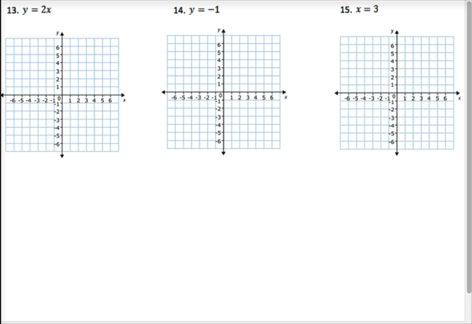Now, not only am I going to have you write inequalities, we're actually going to go back and review some basic graphing skills. All right? So, looking at number 13. Sometimes this throws you guys for a loop because you don't see a y-intercept.